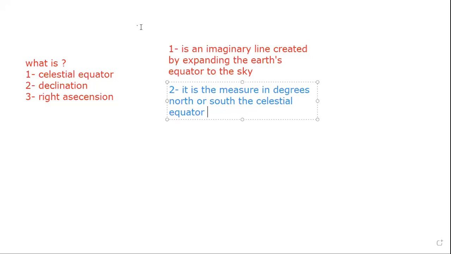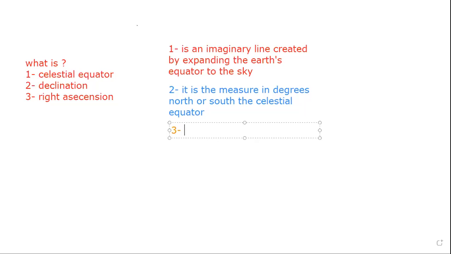So here, let's pass to the third one. What about the third one? Right ascension. So who can tell me what right ascension is? Is it Ulta? Right ascension is lines that extend from the vernal equinox and measure how far east or west an object in the sky is, and every 15 degrees is 1 hour.